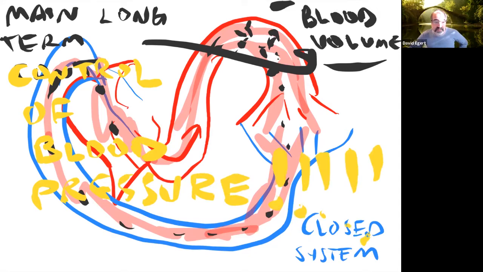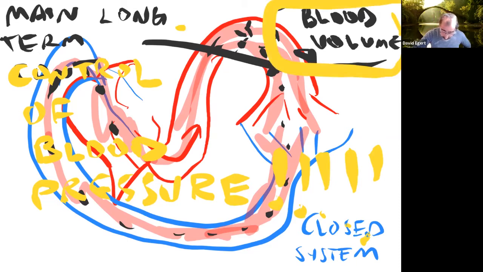So I'm putting this in like big exclamation marks. This is something that is going to be important as we go later on and see ways that we control blood pressure.